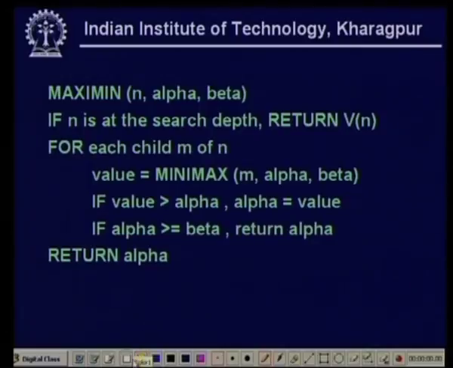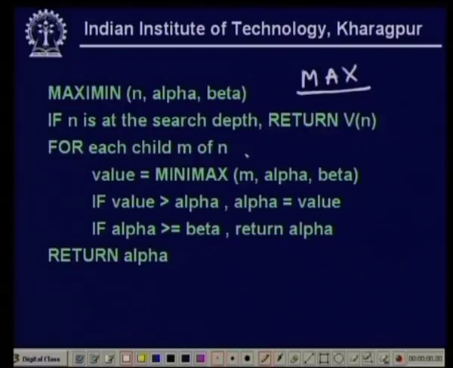Now, we outline the algorithm for maximin and minimax. So, maximin is done at a max node. Maximin takes as arguments n, the node, and the current alpha and beta values. So, if n is at the search depth, we have reached a leaf, then we return the V of n.